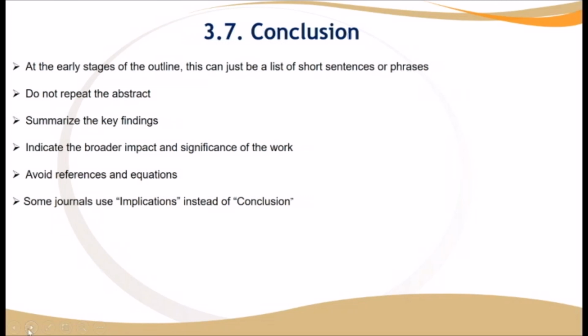conclusions section. Some journals, again depending on the style of the journal, some will have a segment known as implications instead of conclusions, but it's still somehow the same kind of concept where you are summarizing the important findings, but you are giving broader perspectives, highlighting the significance, driving the next direction of this particular research, and informing, because inasmuch as the research is about instructing and informing, it needs to also show us the where to from here.